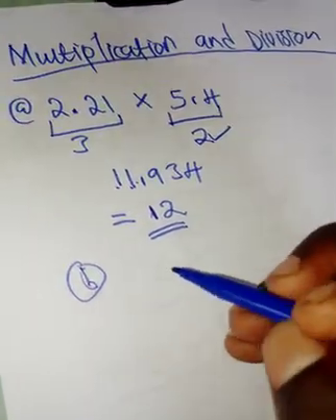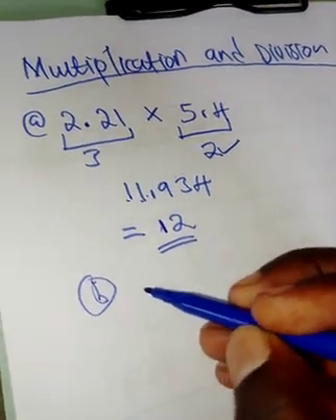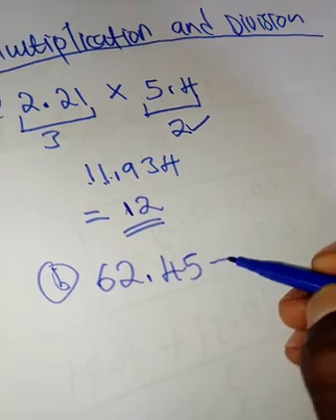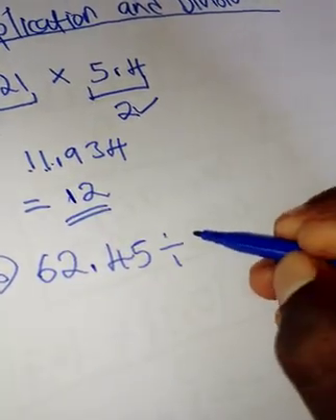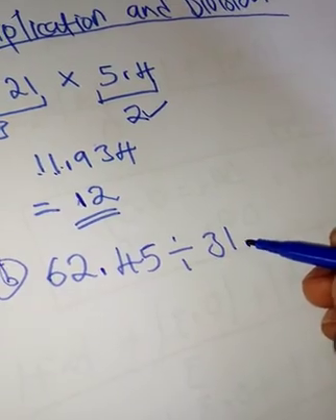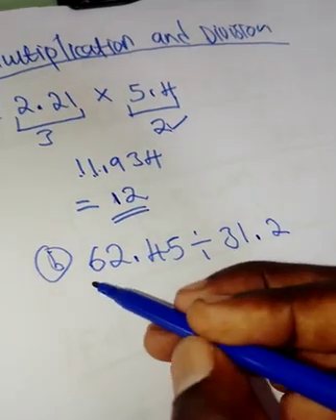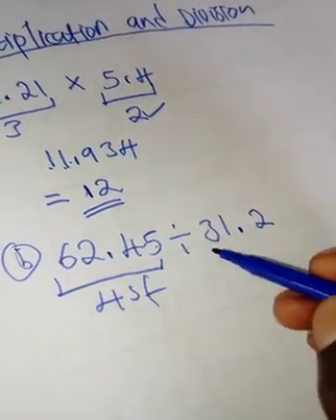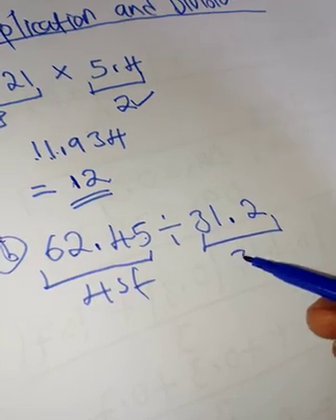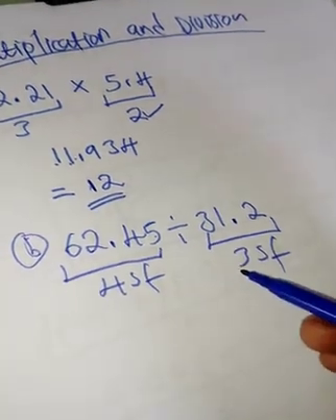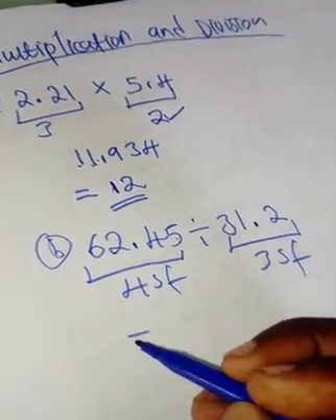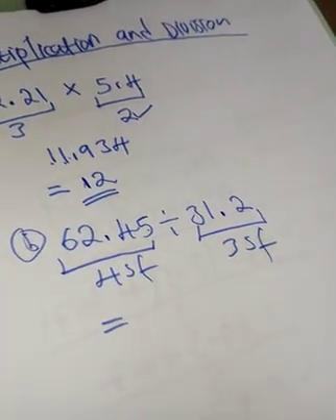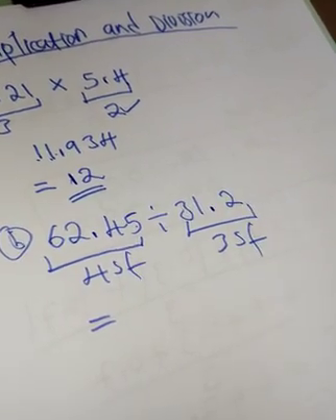Then let's say we have 62.45 divided by 31.2. Let's check the significant figures. In 62.45 we have 1, 2, 3, 4, so 4 significant figures. Then in 31.2, it's 3 significant figures. So the answer should be reported to the least significant figures, 3.